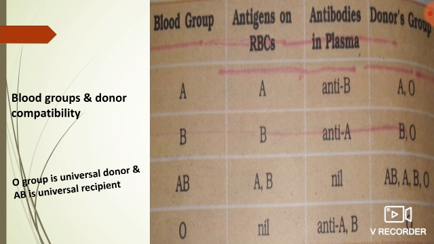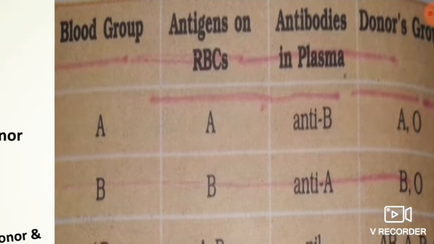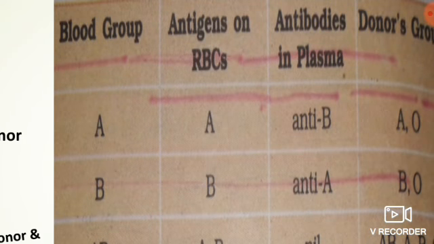There are four blood groups: A blood group, B blood group, AB blood group and O blood group. According to which kind of blood group, which kind of antigens are present on RBC and antibodies are present in plasma, we will discuss in this table. If the blood group is A, then the antigen on RBC will be A and the antibody will be anti-B.